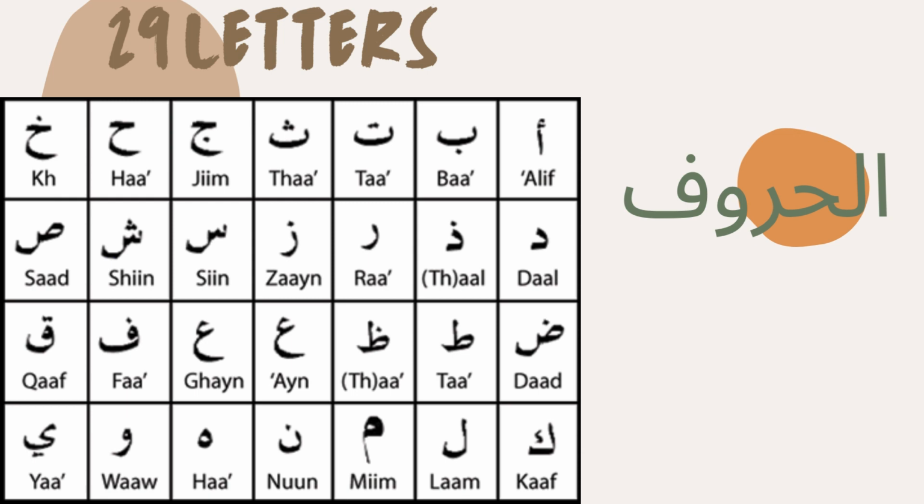But yeah, we are going to talk about that in detail. And of course, we write Arabic from right to left. So this will be the start on the top right, because we write and read from right to left.